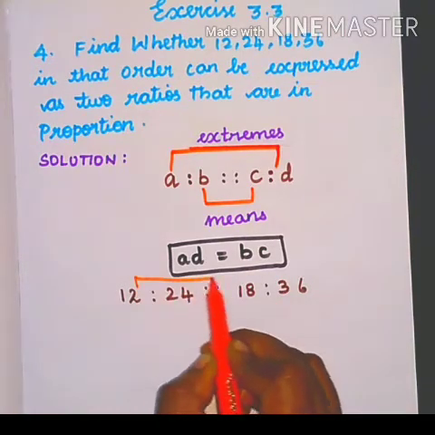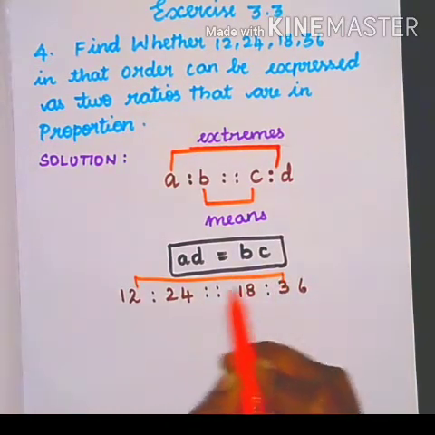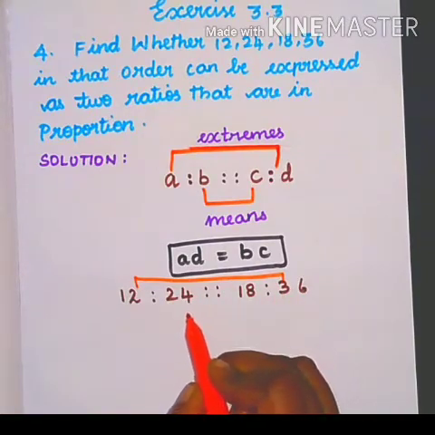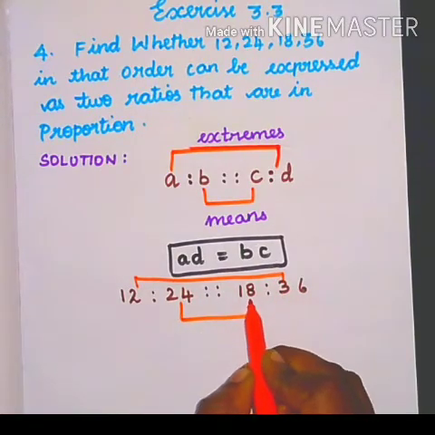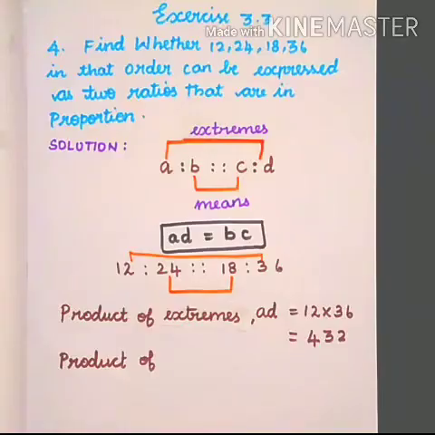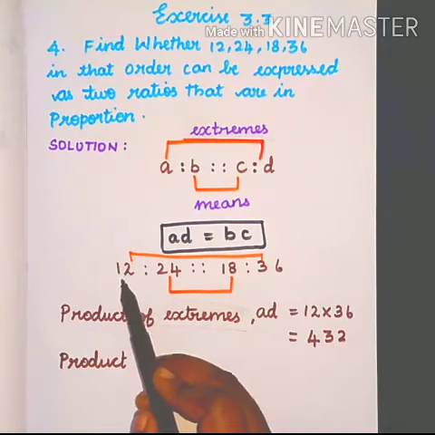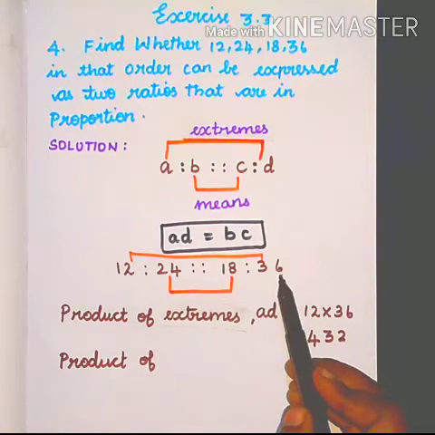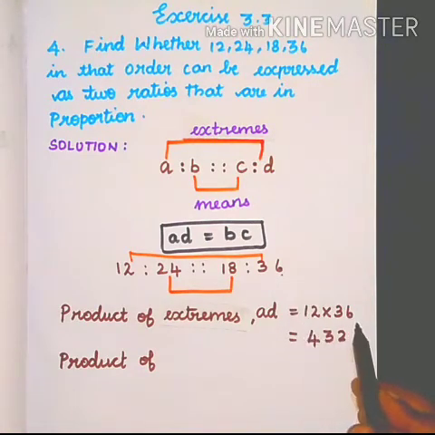See, 12 and 36 are extremes. 24 and 18 are means. Next we are going to find the product of extremes. Product of extremes means A into D. A value is 12, D value is 36. 12 into 36 equals 432.